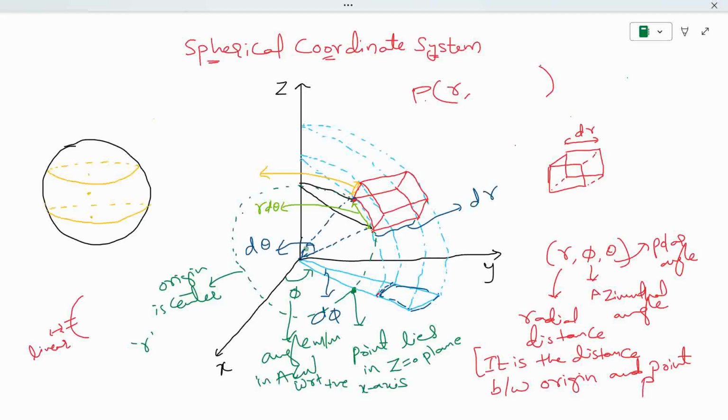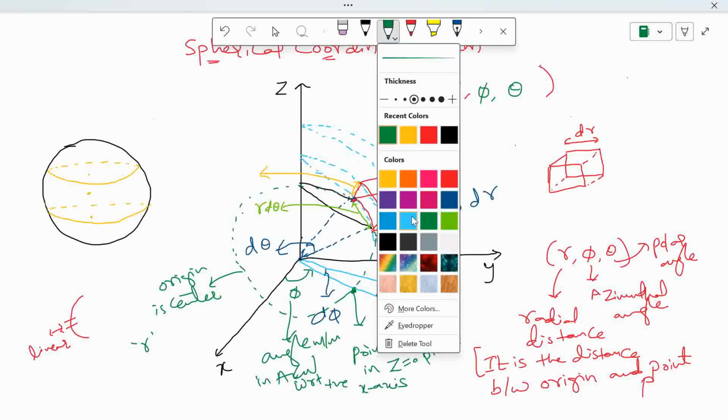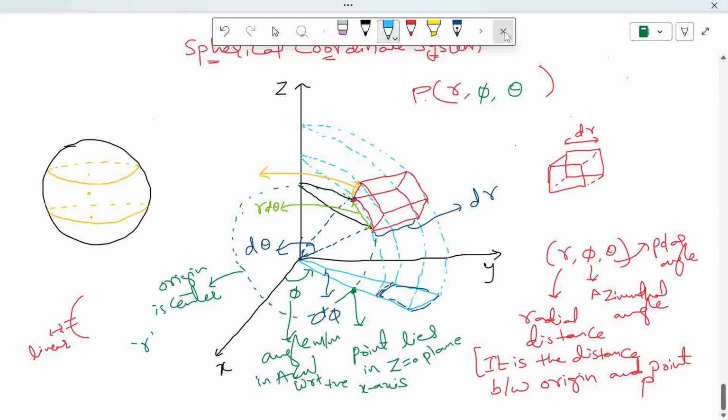Now similarly, the polar angle. So I am writing what the polar angle is. We got phi here. The other is the polar angle theta. Let me use another color. Let me write what theta is.